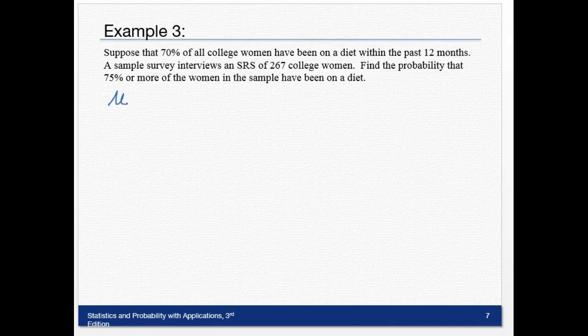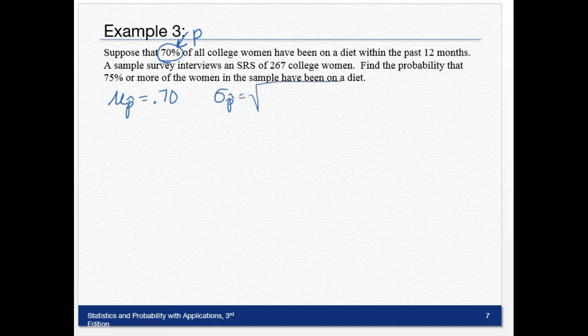The mean of our proportion, remember, is equal to the population proportion. Well, we're talking college women, and here's the population proportion right here, 70%. We know that's equal to the mean of our sample. So our mean is going to be 0.7. Our standard deviation, we have to calculate.